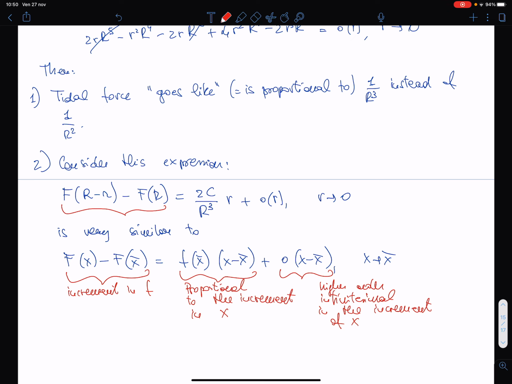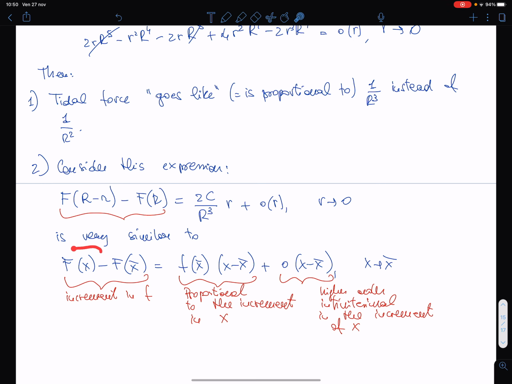Okay? And this is exactly the decomposition that we have in mind, and that will give us the definition, the correct definition of the derivative. The increment of the function we are studying is equal to the sum of 2 terms. The first term is proportional to the increment in x, and the second is a higher order infinitesimal.